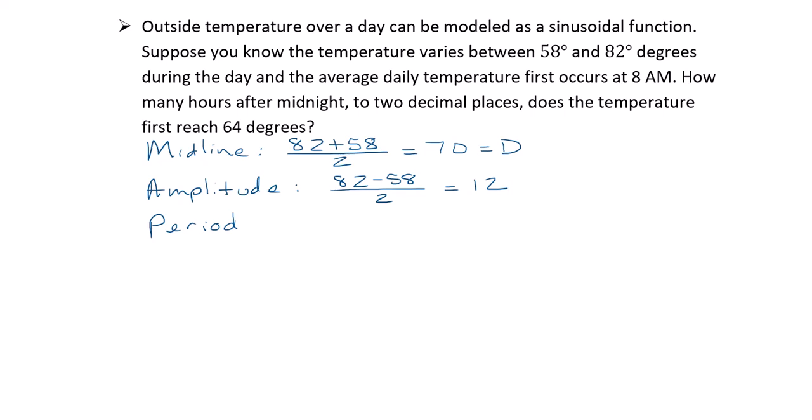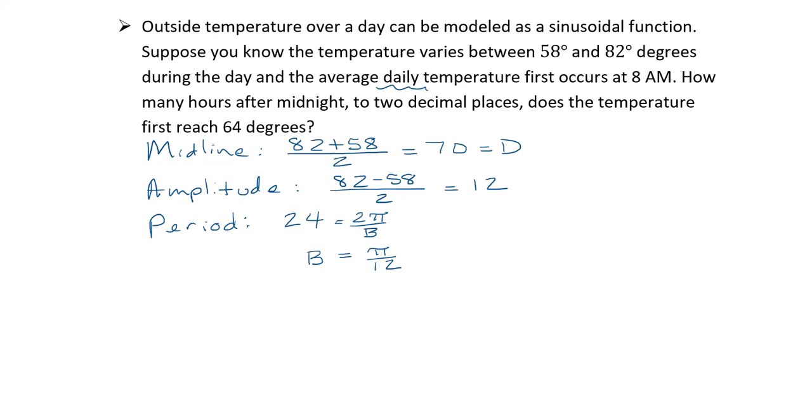The period is a daily occurrence, so we have 24 hours in a day, and we can gain some information from this. Remember, the period for a sinusoidal curve is 2 pi over b. When I solve for b, I'll multiply both sides by b and divide by 24. So b is going to be pi over 12.